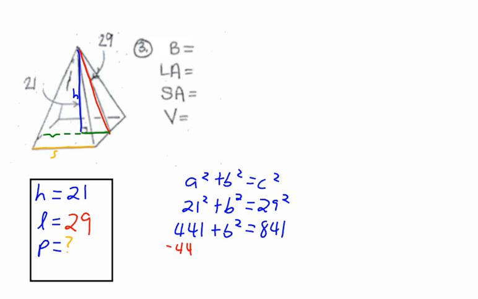Subtract the 441 from both sides, and I end up with b squared is equal to 400. Square root both sides, which cancels out my squared, and I end up with the bottom side of my triangle being 20.